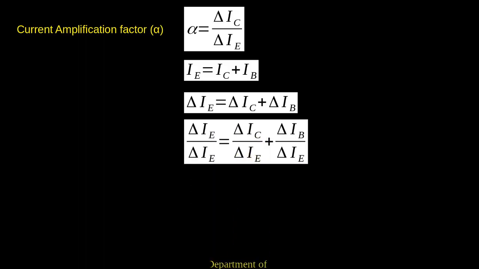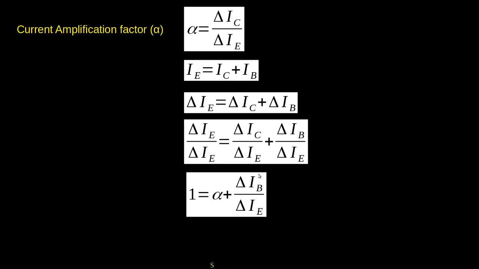So delta IE by delta IE is equal to delta IC by delta IE plus delta IB by delta IE. So we get 1 is equal to alpha plus delta IB upon delta IE, since delta IC by delta IE is nothing but alpha.